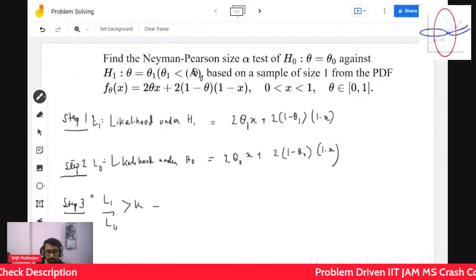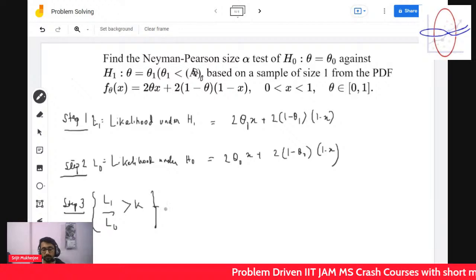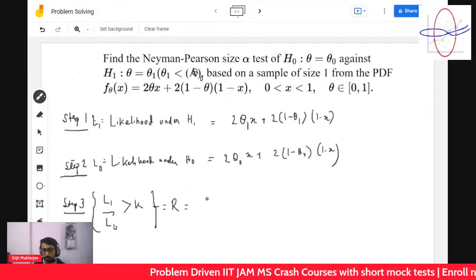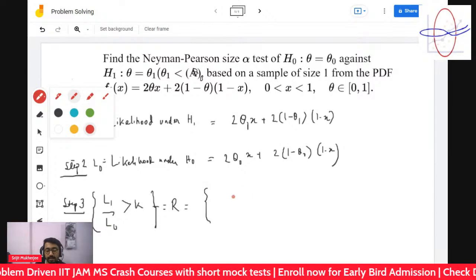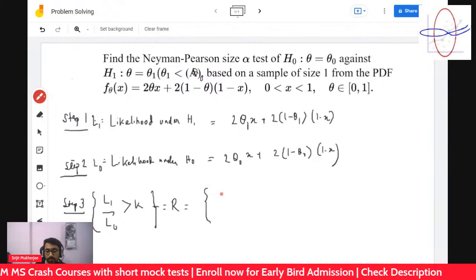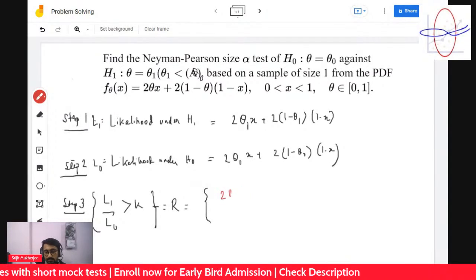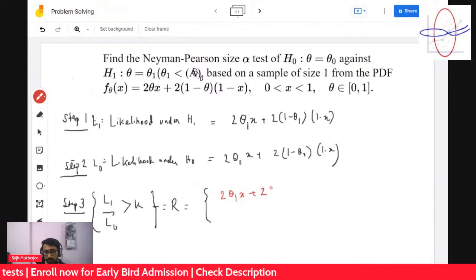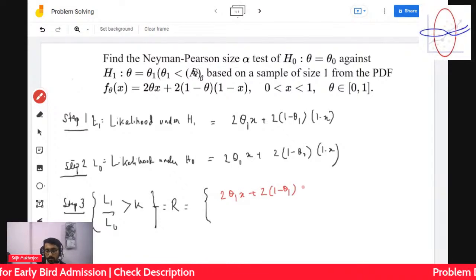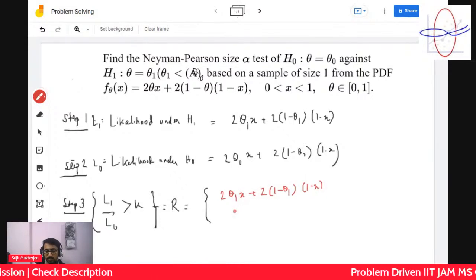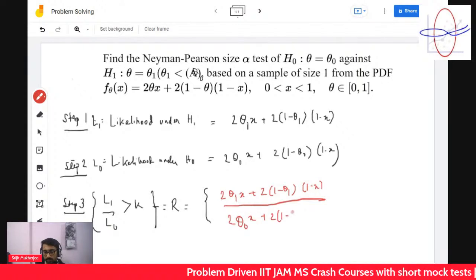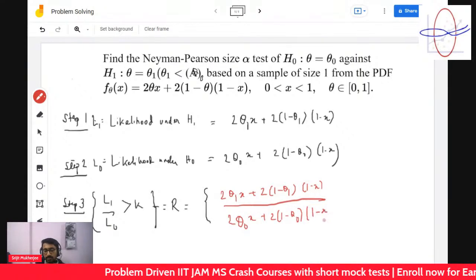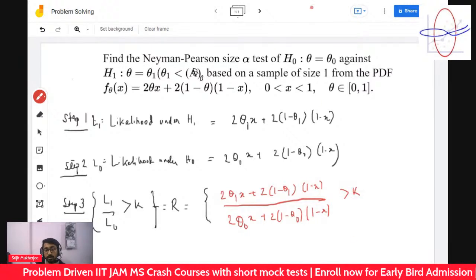Perfect. So this is the rejection region R. Let's write it down properly and clean it. It will lead to twice theta 1 x plus twice 1 minus theta 1 times 1 minus x, by twice theta naught x plus twice 1 minus theta naught into 1 minus x, is greater than k, right?